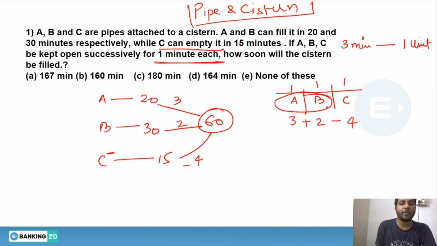That means your pairing will be there only for that, and the last units left should be 5 units. Why? Because the pairing should go 55 times.